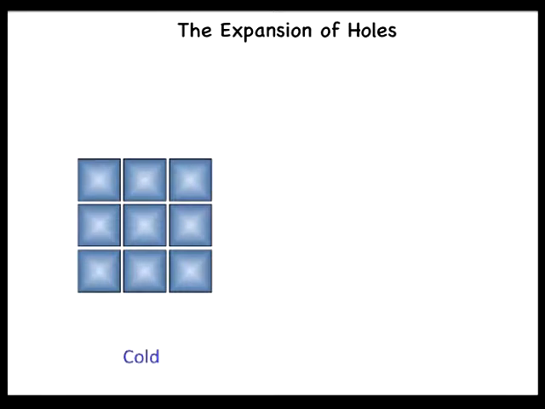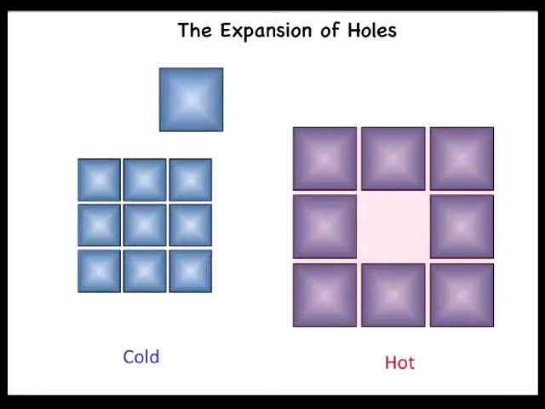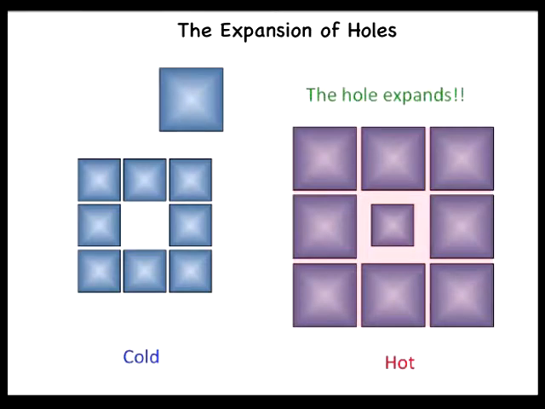Now let's examine the cold object and the hot object side by side. If we remove the center tile of the object when it's hot, it leaves a larger hole than when we remove the center tile when it's cold. In fact, we can move a cold tile into the center of the larger hole in order to see this directly. We could examine many different variations of this demonstration, but they all end with the same result.